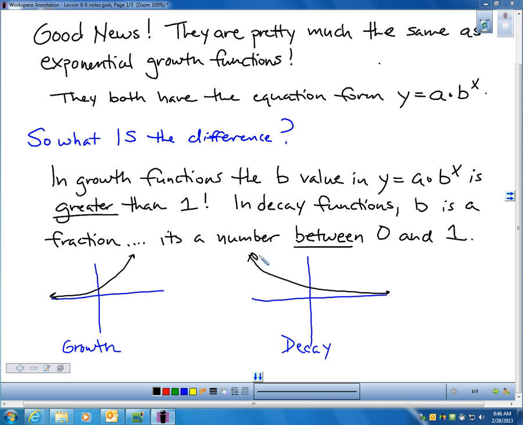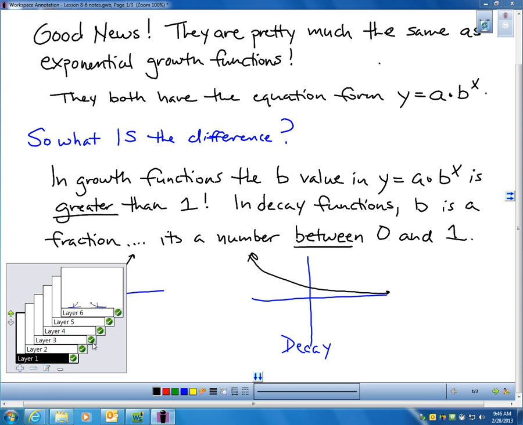It will start decreasing, and once we get past the y-axis, it's just going to keep on approaching and getting closer to 0 without actually touching 0. So you can see it's almost a reverse pattern. Here's growth, here's decay.